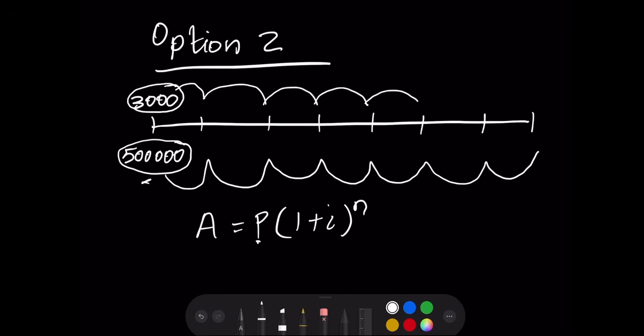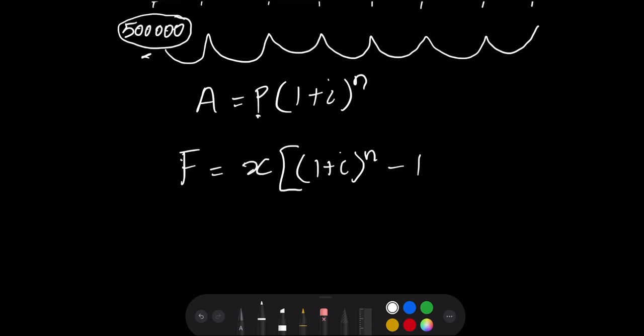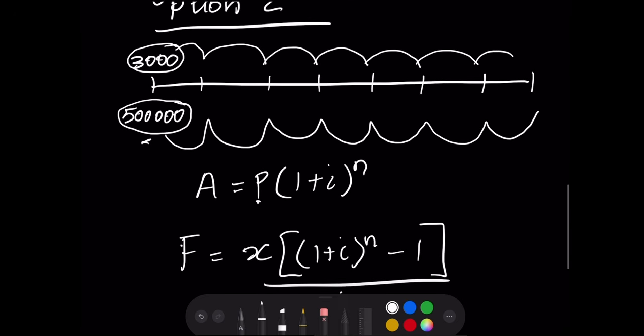But remember, the more that you are paying these amounts, they are accumulating. So in this case, you can look at your future value formula. So future value is x into 1 plus i to the power n minus 1, divided by i. So there are two things that are happening.